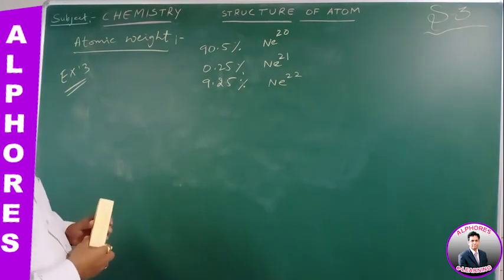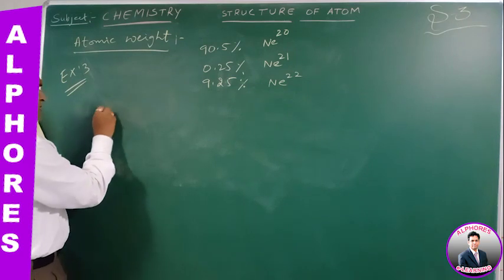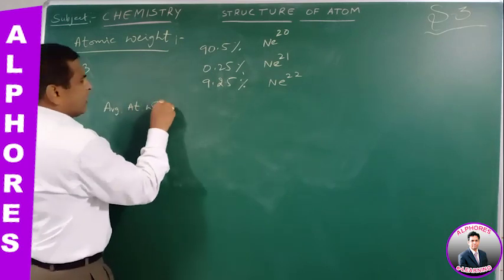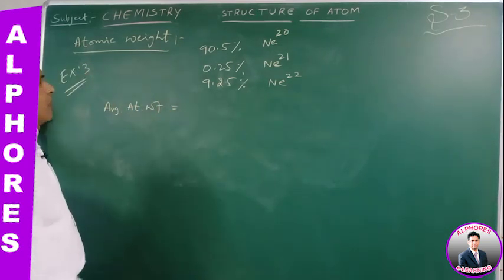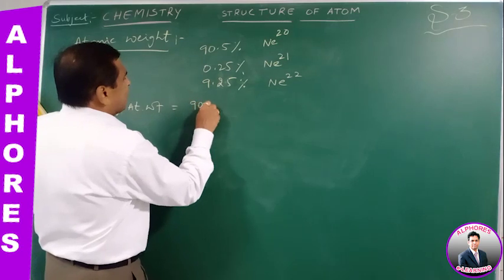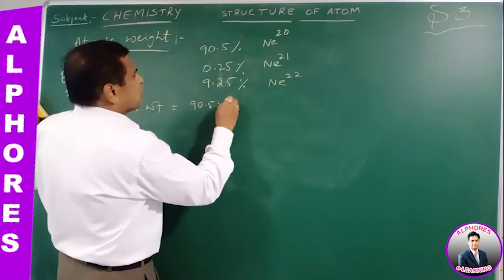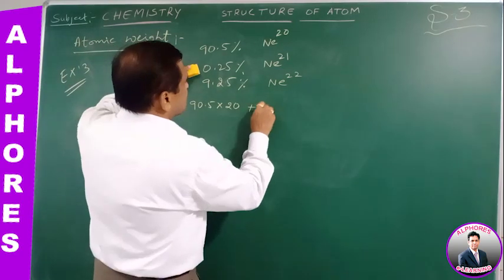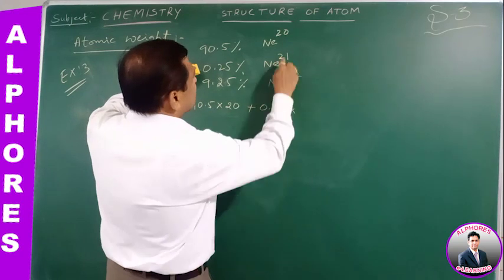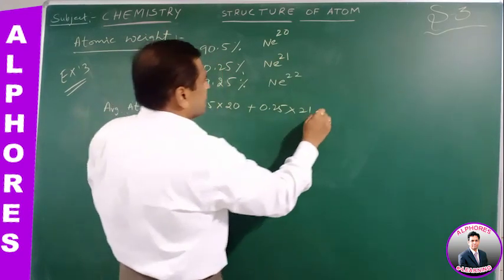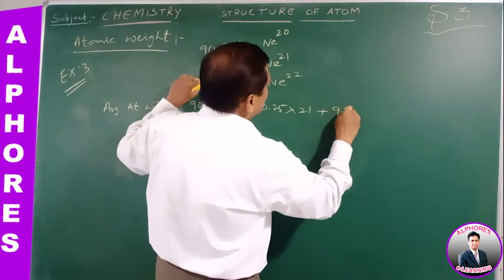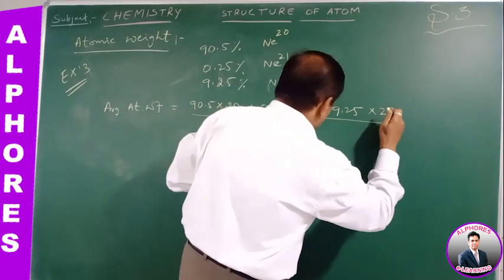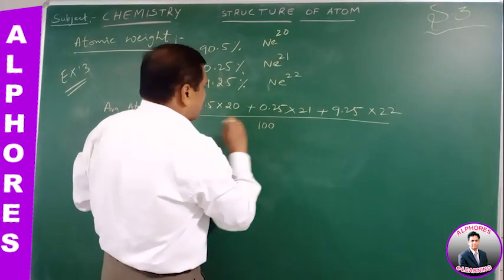Now, the average atomic weight of neon is calculated as 90.5 times 20, plus 0.25 times atomic mass 21, plus 9.25 times atomic mass 22, divided by the total abundance, which is 100.